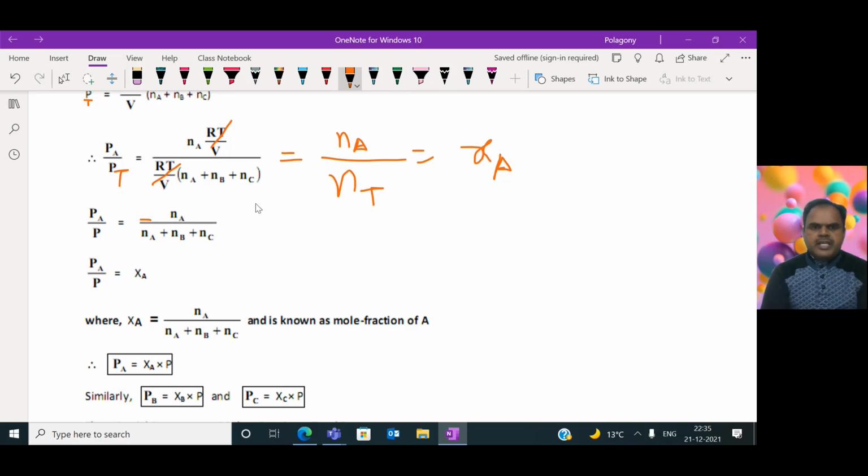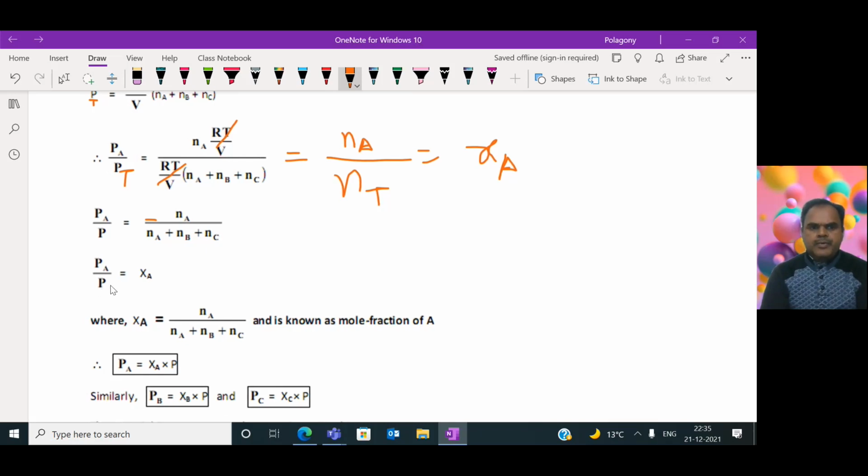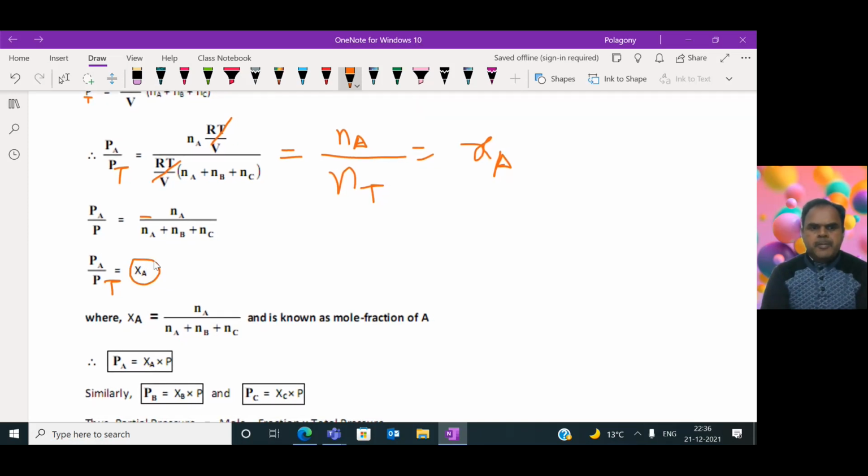That means from this we can understand that the ratio of the partial pressure of the A component to the total pressure is equal to the mole fraction of the A component. That means if the mole fraction of the A component increases, its partial pressure increases out of the total pressure. So the partial pressure of the A component can be written as PA equals its mole fraction XA times P total.